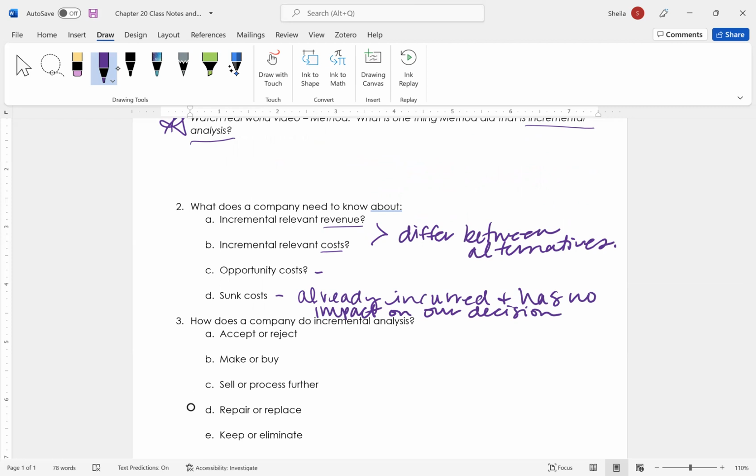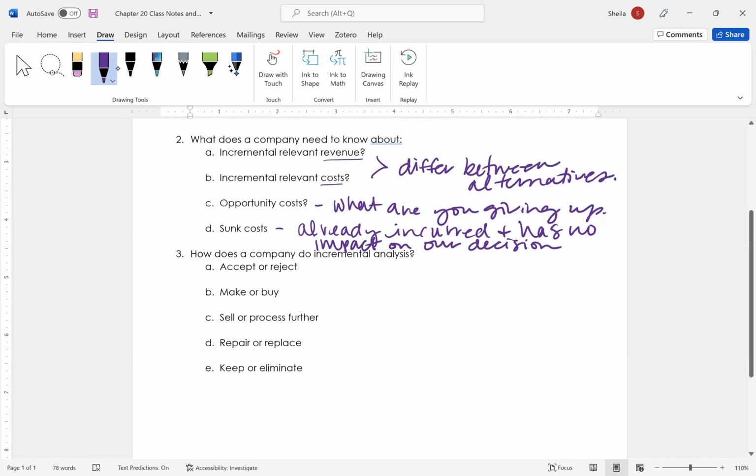But there could be other opportunity costs, just meaning that we're giving up one thing when we make a choice for another. If that's the case, those are considered a relevant cost or a relevant revenue. So opportunity cost is what are you giving up based on the choice that you're making?